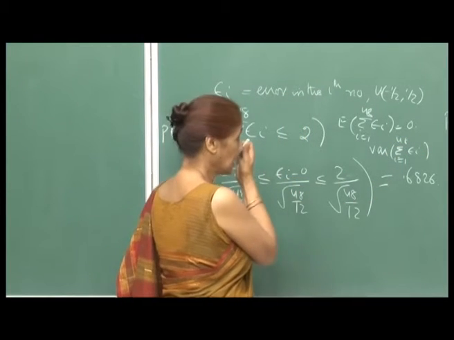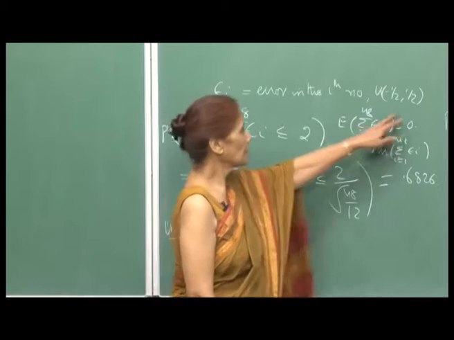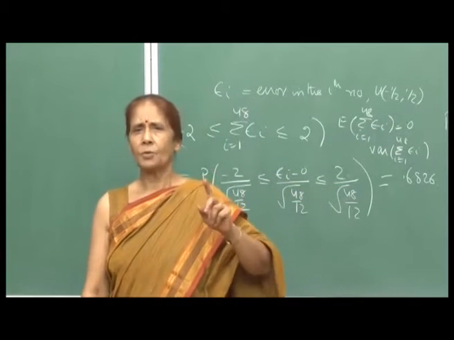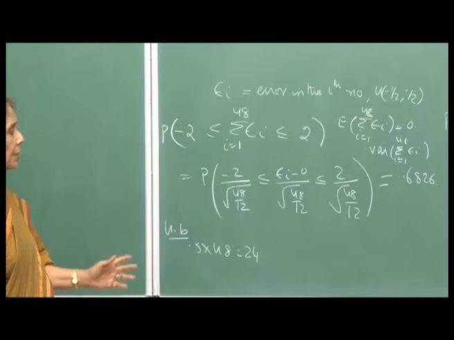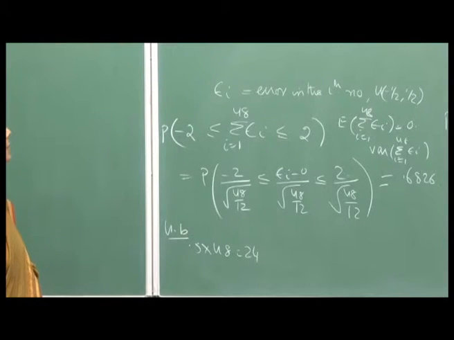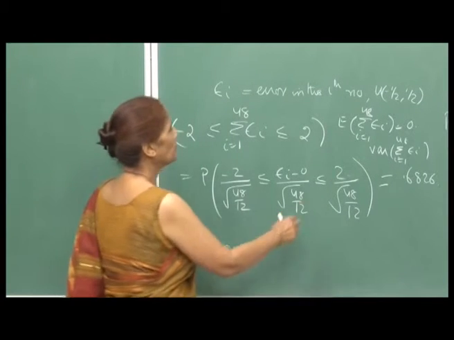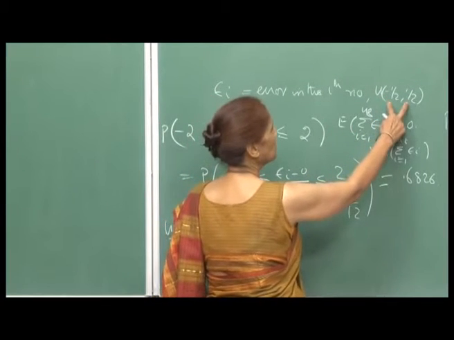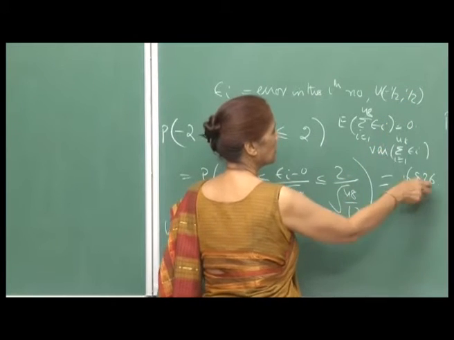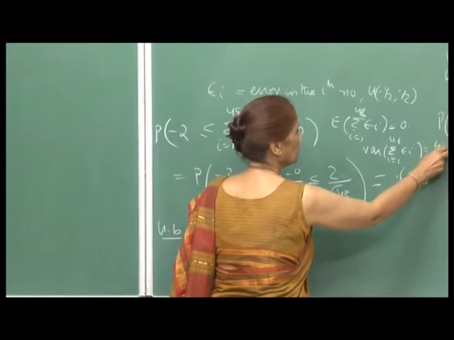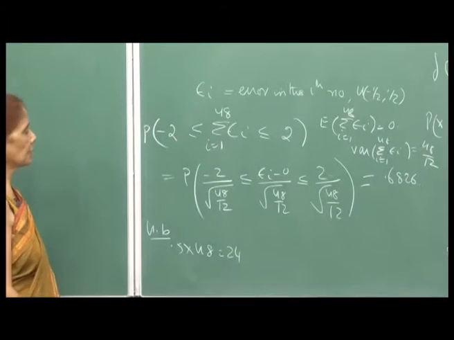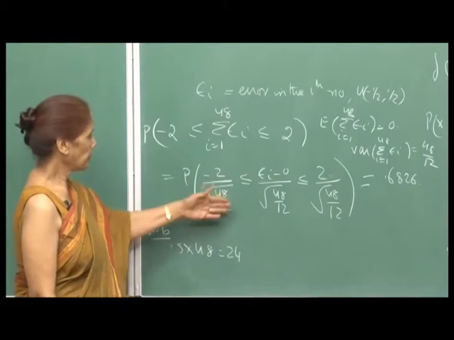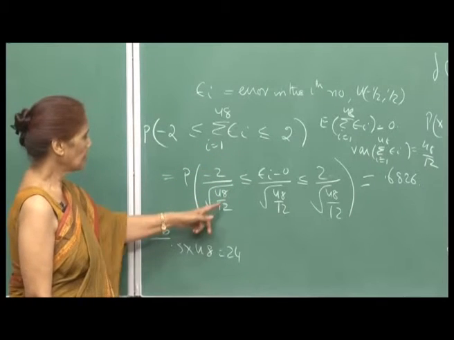Remember, the variance is (b minus a) whole square divided by 12. So the variance here is 1/12 each, and the total variance will be 48/12, and therefore the standard deviation will be the square root of 48 by 12.